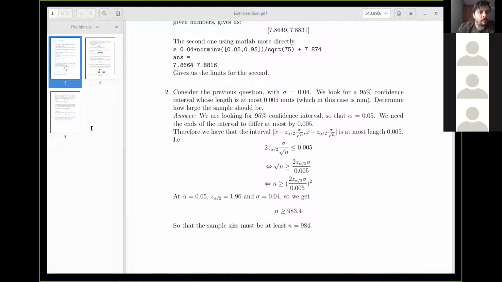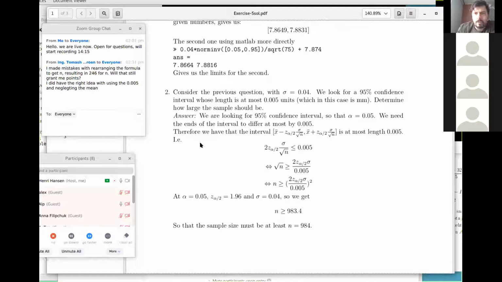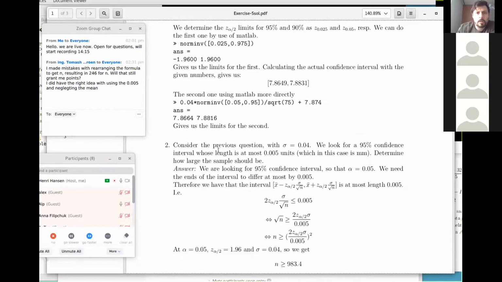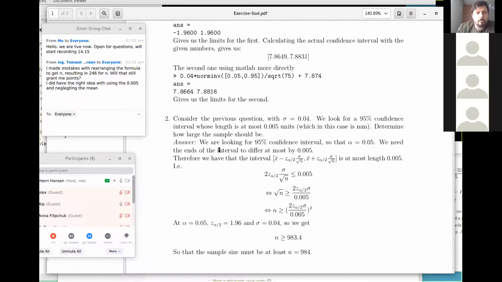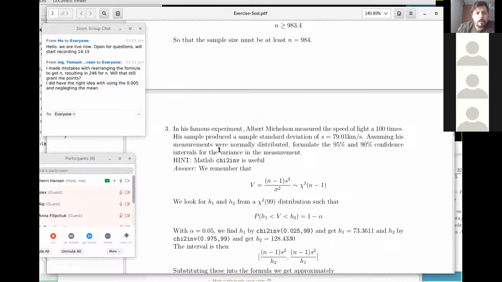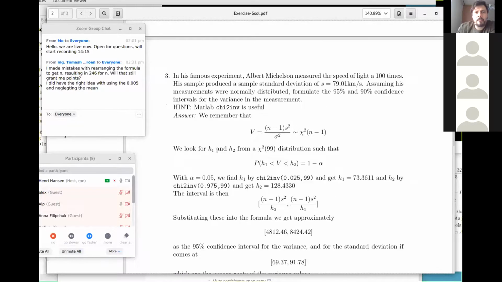Okay, let's move along, unless you have other questions about these two. Let's move along a little bit. So this is from the famous Albert Michelson, known from the Michelson-Morley experiment.